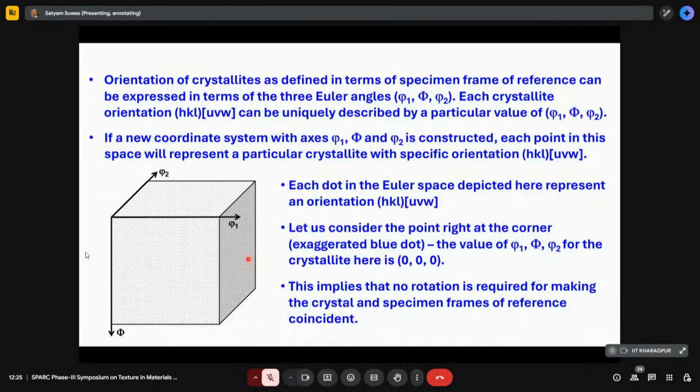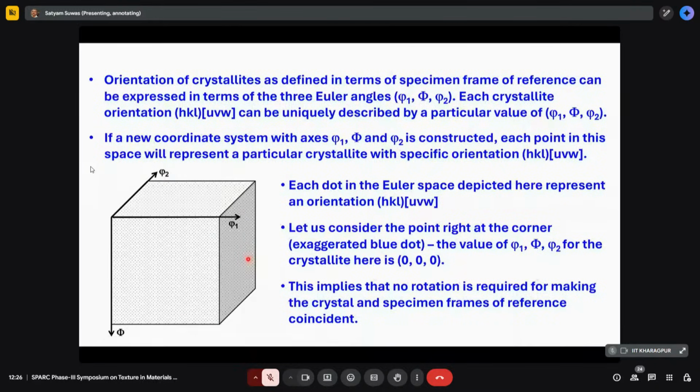So the intelligent way is to construct an orientation space with these three angles which we have derived as a result of these rotations. We are not actually catching the crystal and rotating it to align with the specimen frame of reference, but we assume that if this crystal is rotated through these three angles, the crystal will align along the specimen frame of reference.